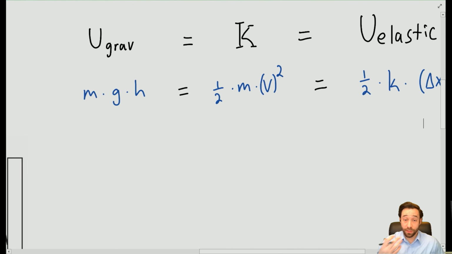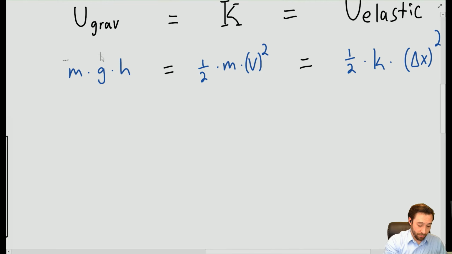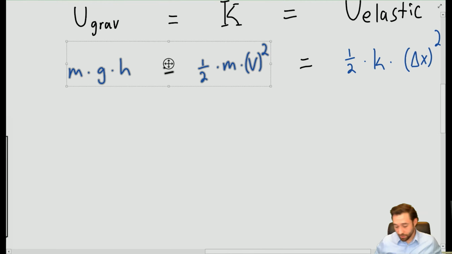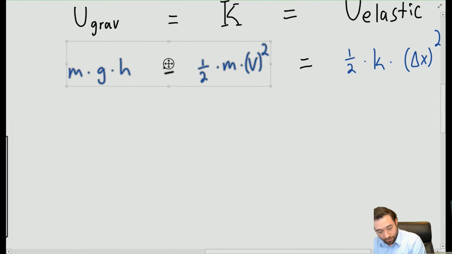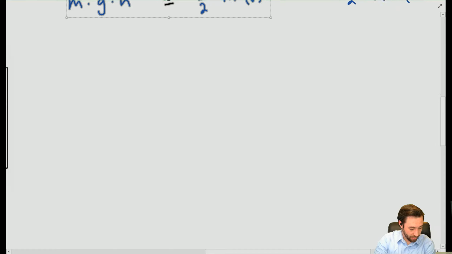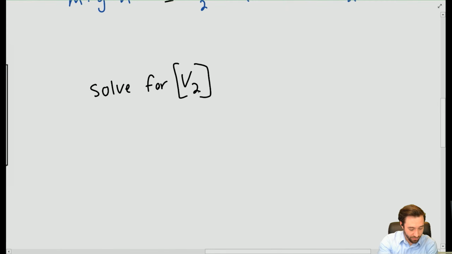So let's start off trying to solve for my velocity at state 2. Copy that. Oops, copy, not paste. So solve for the velocity at state 2.